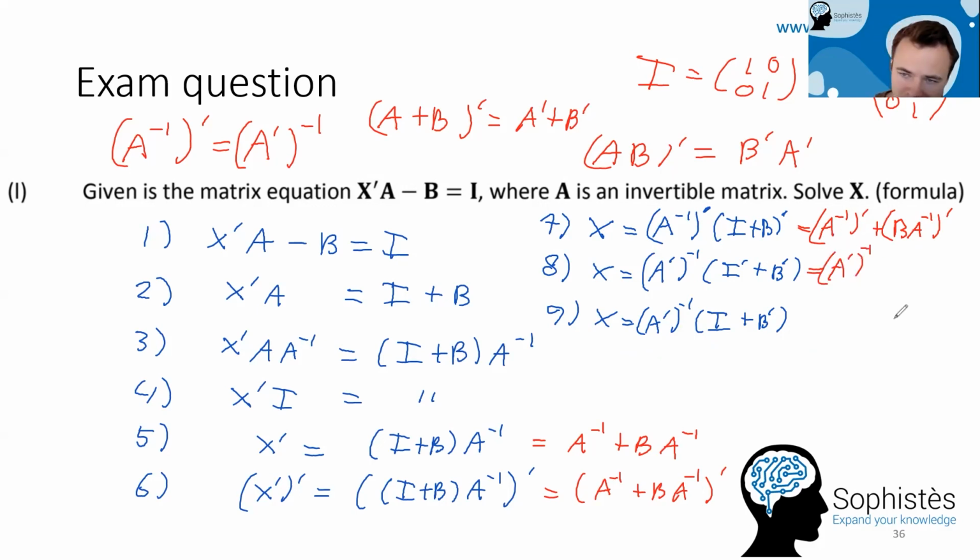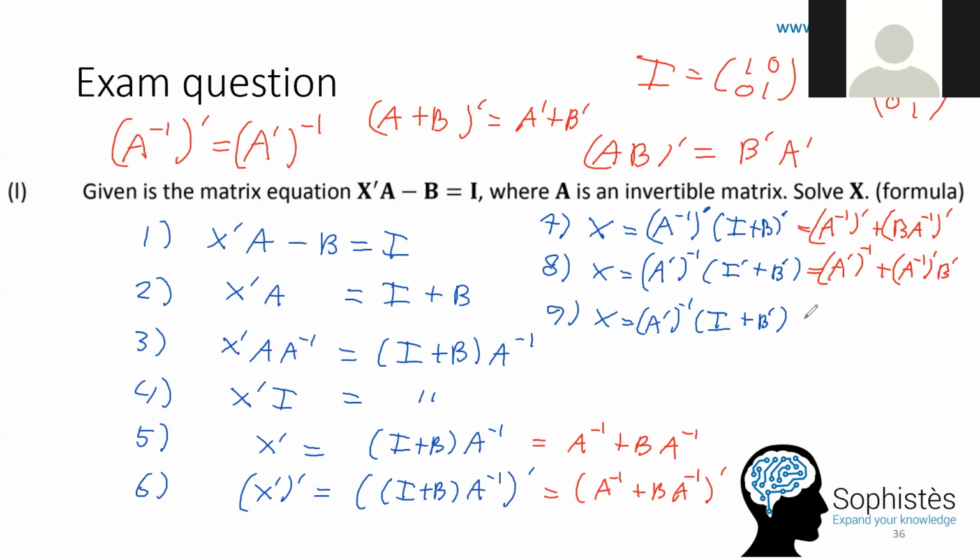The left side. And then the right side would be a minus 1, and then a prime, and then b prime. Do you agree with this?